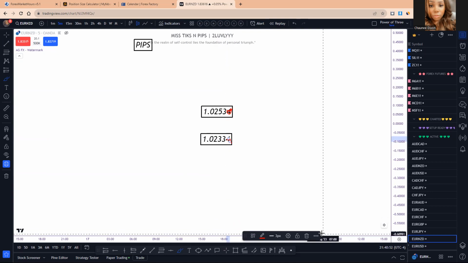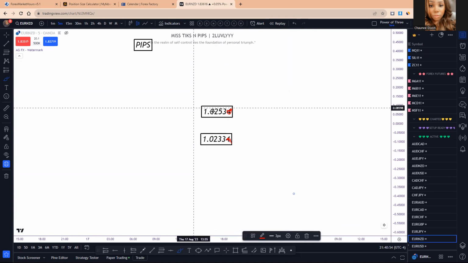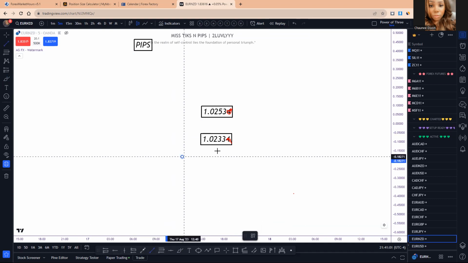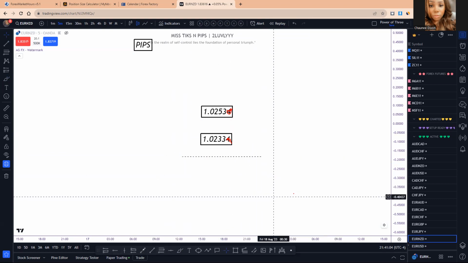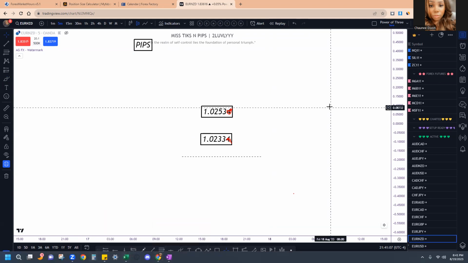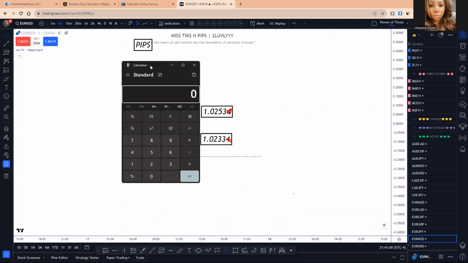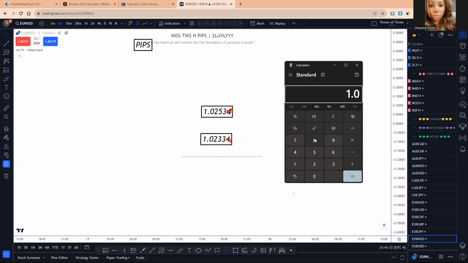It's not going to matter. Then you subtract, and that will give you how many pips that is. So let me calculate that here. That's 1.0253. You don't even need the number before the decimal. You can just do the numbers after the decimal. So 0.0253 minus 233. That's a 20 pip drop.